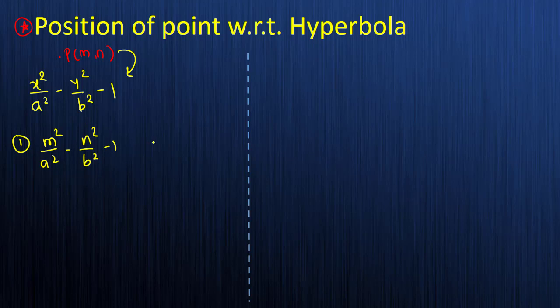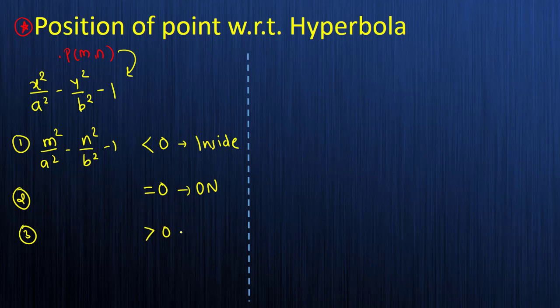If this value is less than 0, then the point P(m, n) is lying inside the hyperbola. If this is equal to 0, then it is on the hyperbola, and if it is greater than 0, then we say it is outside the hyperbola. It's very simple, and the concept is the same as we have seen previously.